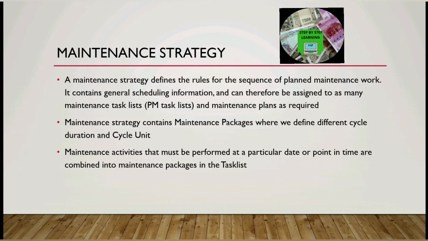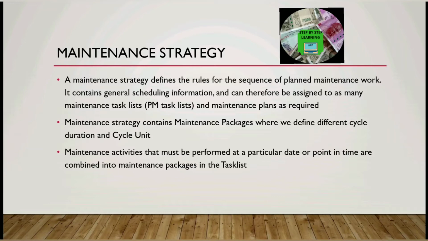Every 1 week I will check whether the compressor bolts are tightened or not, but every 3 months you need to change the filter. So there are two cycles: one is every 1 week and another is every 3 months. The operations and durations vary.